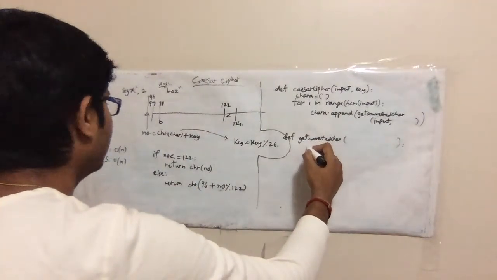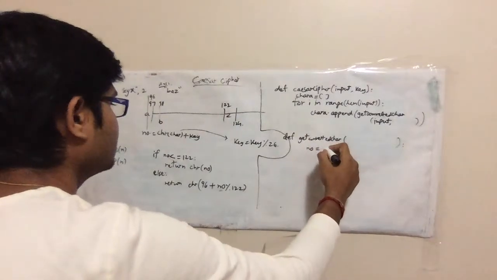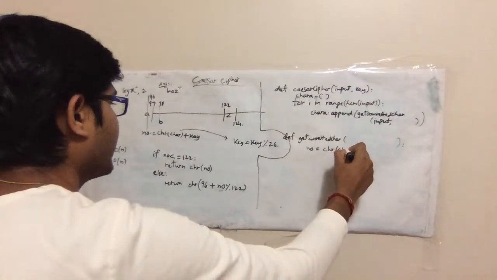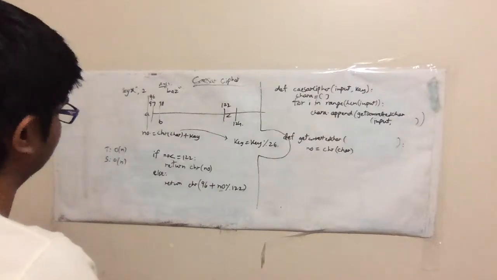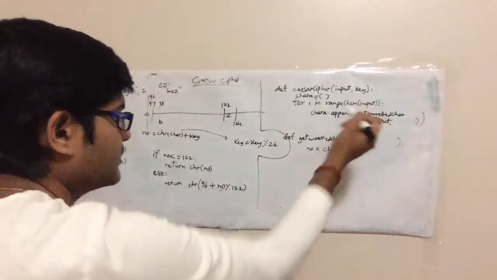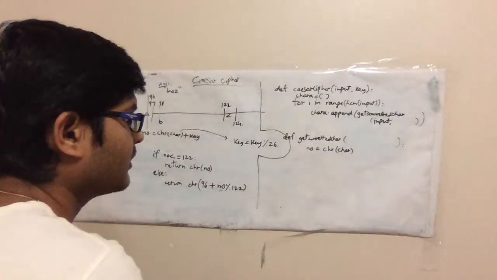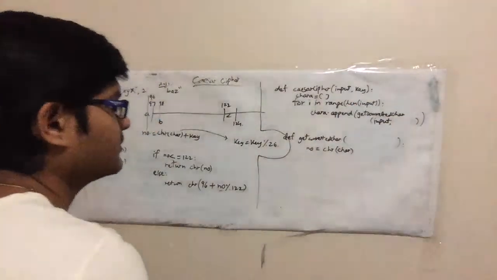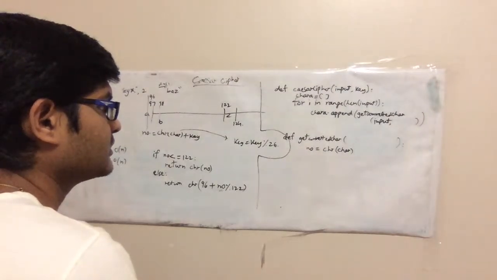So we need to create that number, whatever number is equal to the ordinal of the given char. Because we are iterating, this character has to be sent here.